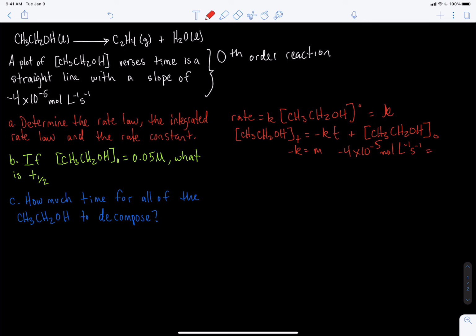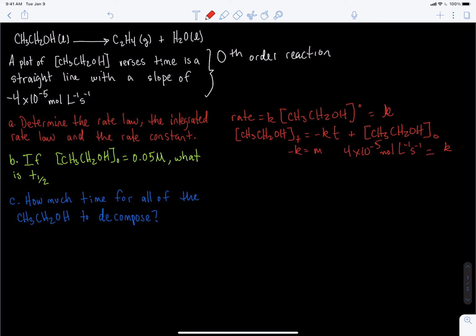And so if we set this equal to negative k, then we see that these negative signs just disappear, so we can just get rid of those. Not much of a calculation to do there.